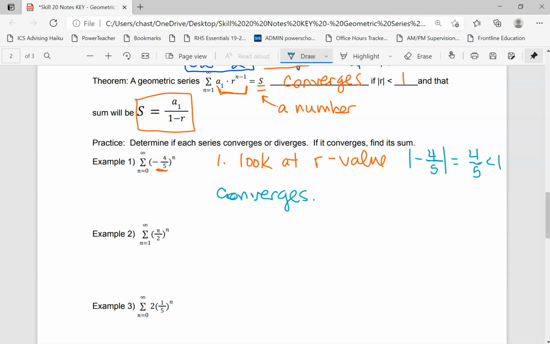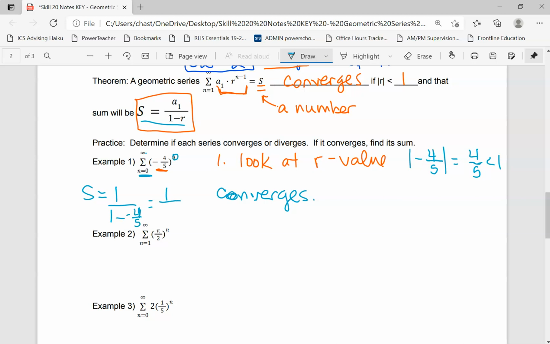So what does it converge to? What number? We're going to use this formula. S equals, so A1, I have to figure out my first term. So in our case, even though it says A sub 1, our first term is going to be defined by whatever our index starts us at. So I'm going to plug in 0 here, and I would give -4/5 to 0, which is 1, over 1 minus our R value, -4/5.